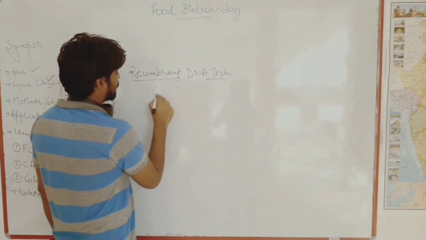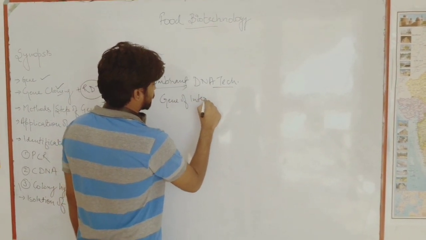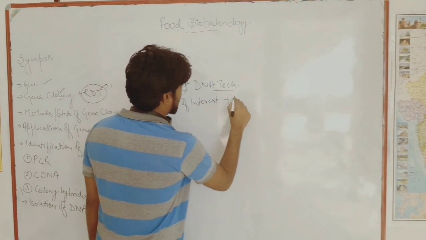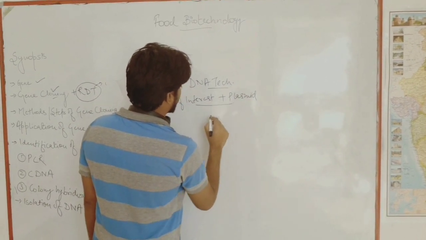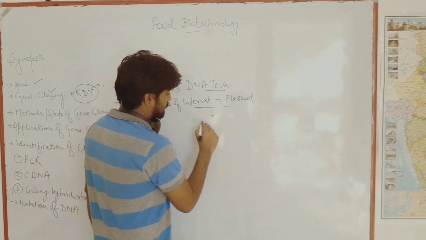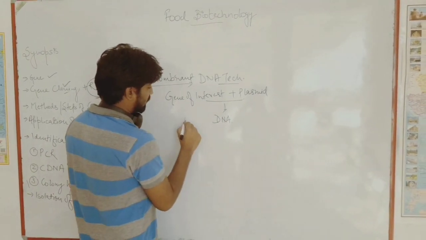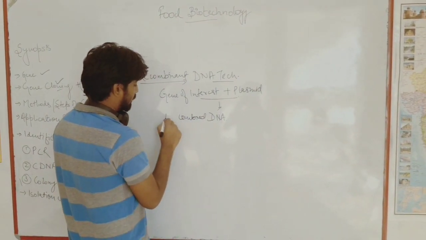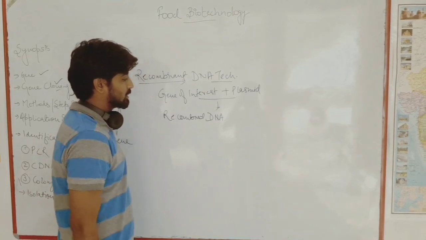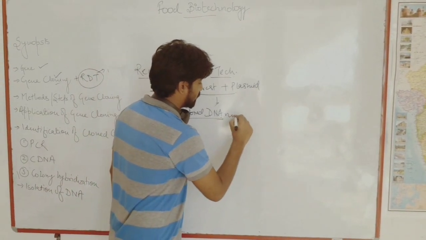One of the DNAs will contain the gene of interest and the other will be the plasmid, and both of them will combine in a single DNA sequence, which is a combined or recombined DNA. It's the shorter version of recombinant DNA molecule.